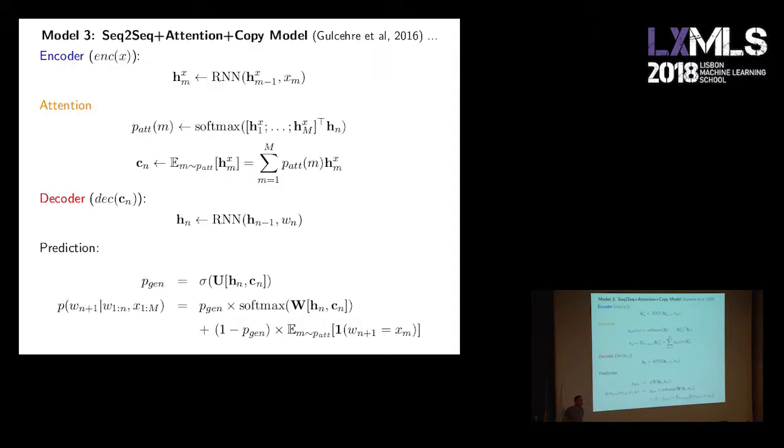Now, to do this, we're going to change one more part of our model. We're going to change only this bottom prediction step, leaving the other three exactly the same. The way we're going to change it is, instead of just trying to predict over our current vocabulary, we're also going to add an additional term that gives us the option to pull over the word we're attending to from the source vocabulary.